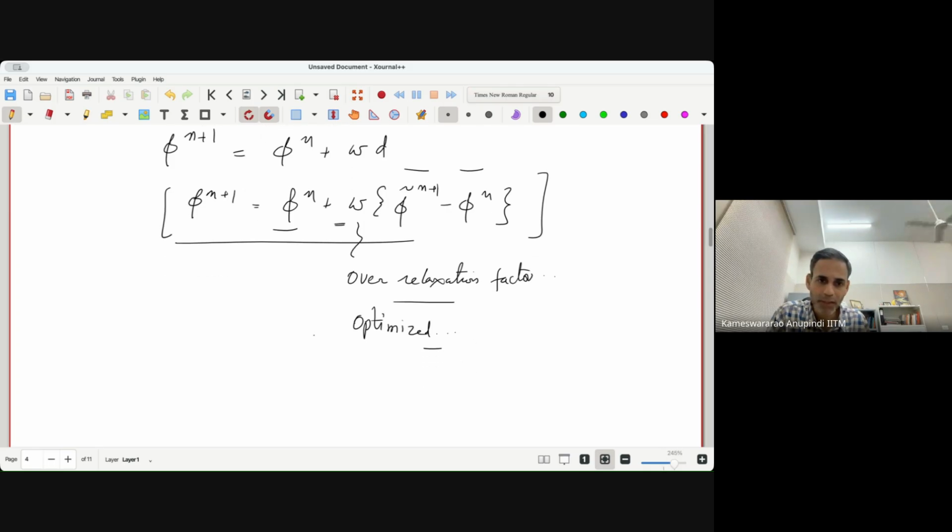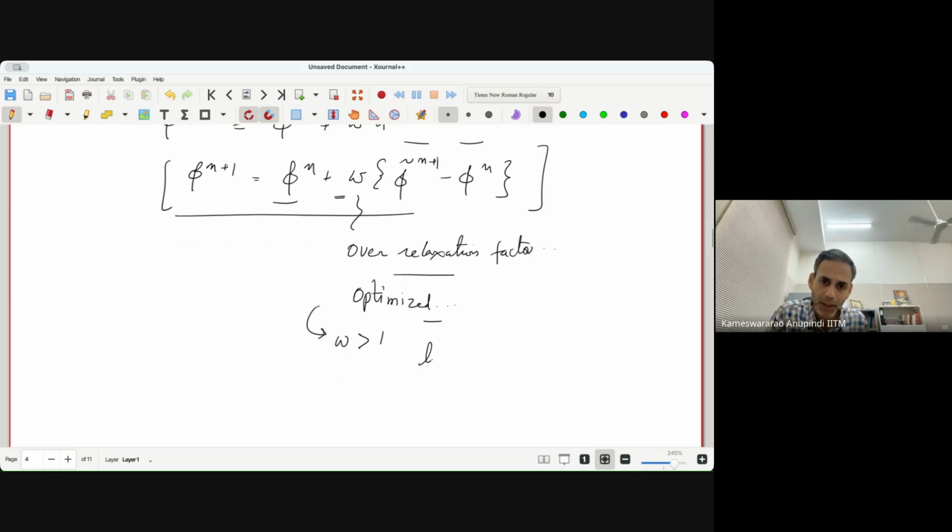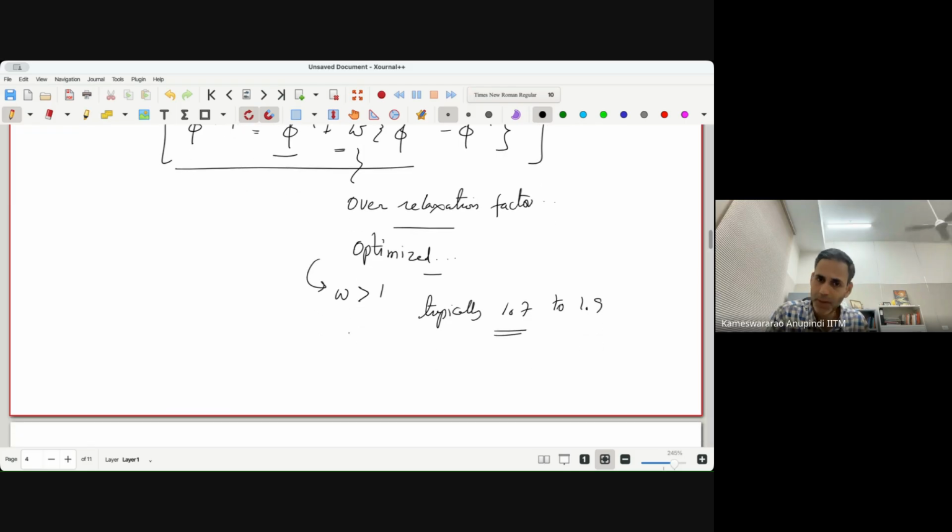It is usually more than 1. Typically the optimized values will be somewhere from 1.7 to 1.9. But depending on the problem, omega can be just greater than 1. That means values of 1.1, 1.2 are also used.